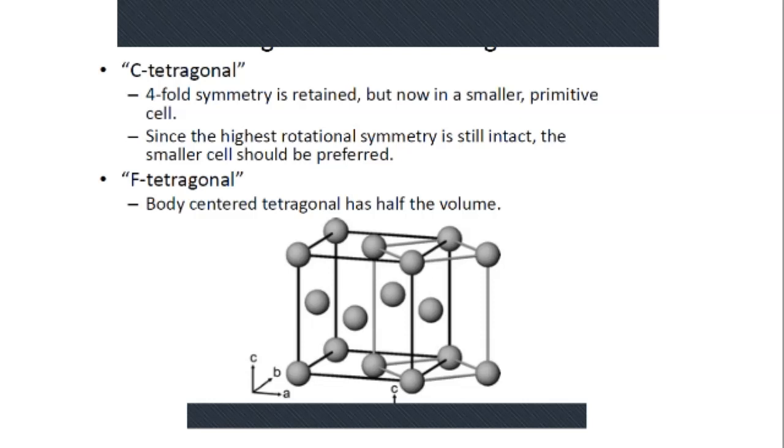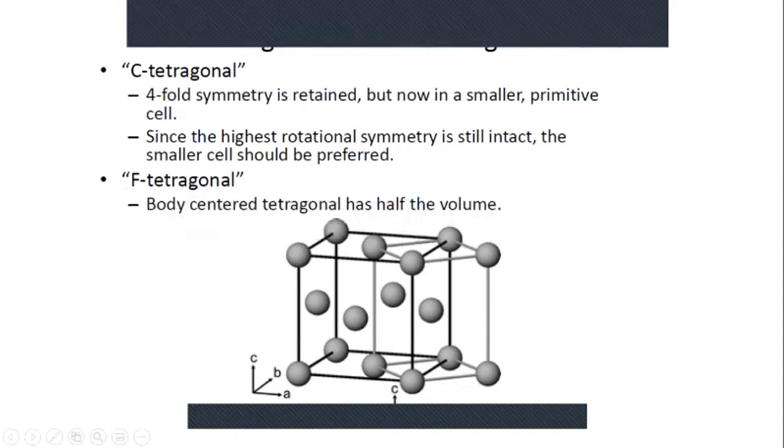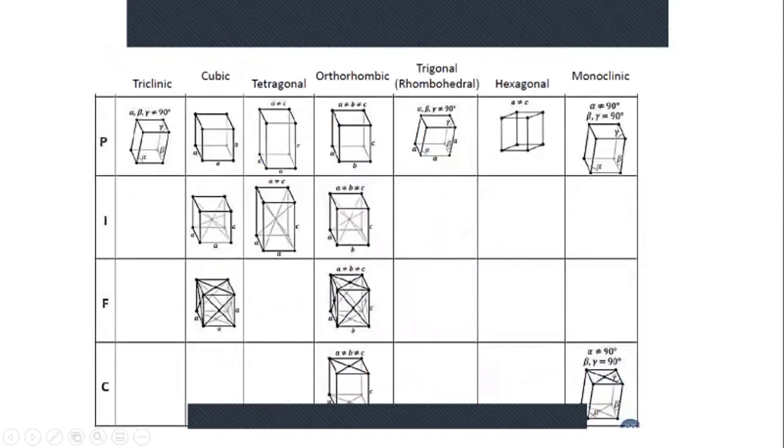Now, why isn't tetragonal F or C centered? Because if we do a C-centered tetragonal system, we still have the four-fold symmetry, but now we have a smaller primitive cell. Let me go back. Oh yeah, tetragonal can be C-centered.